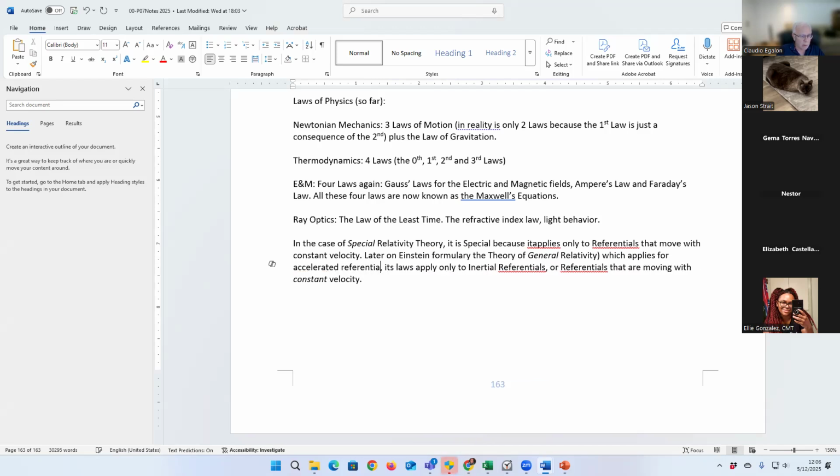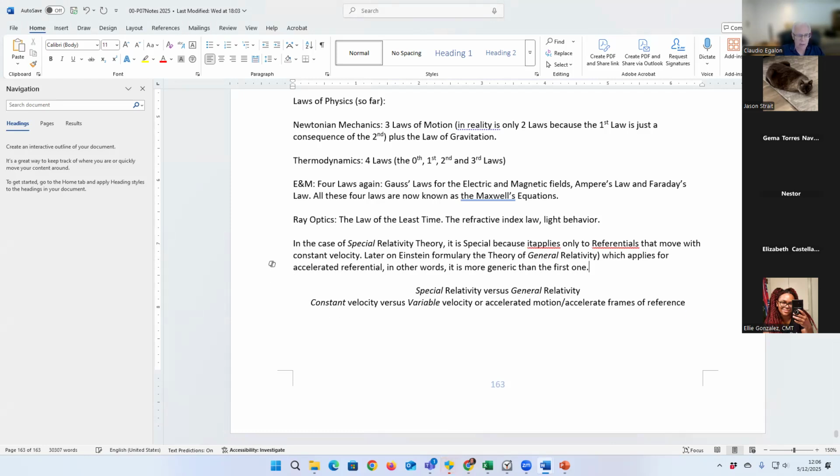It's more generic than the first one. So here's the difference, I'm going to repeat it again, between the special theory of relativity and general relativity: constant velocity versus variable velocity, or accelerated motion, accelerated frames of reference.